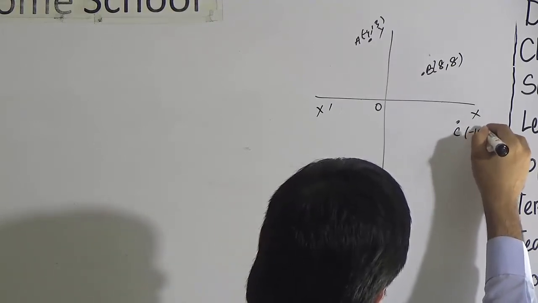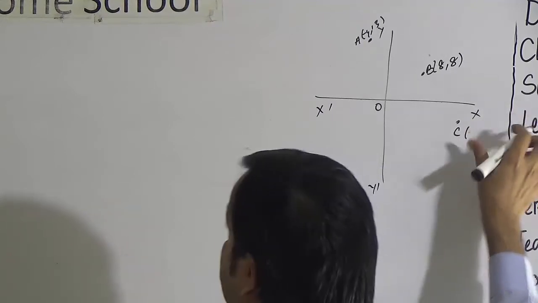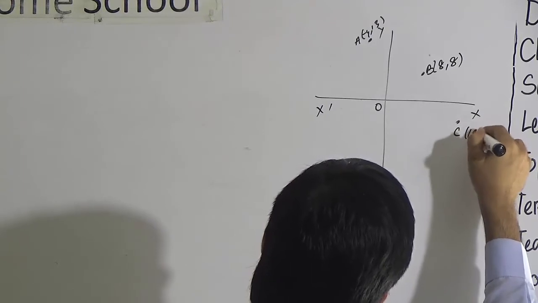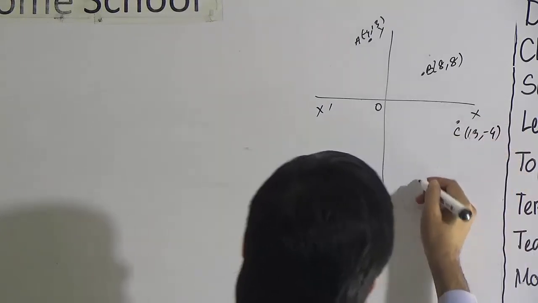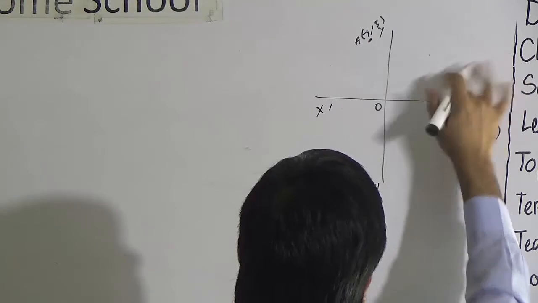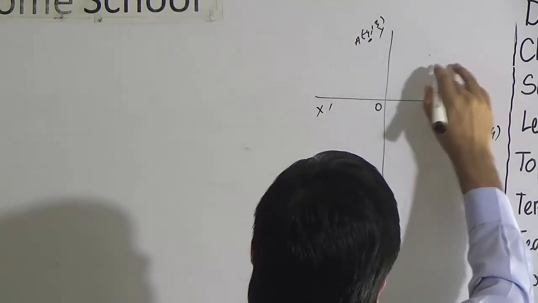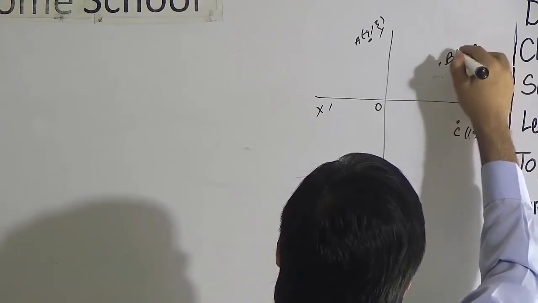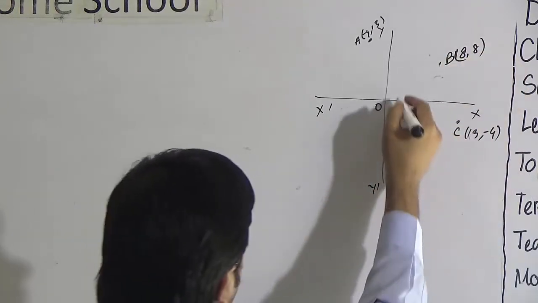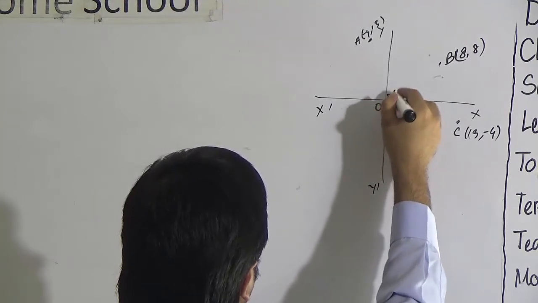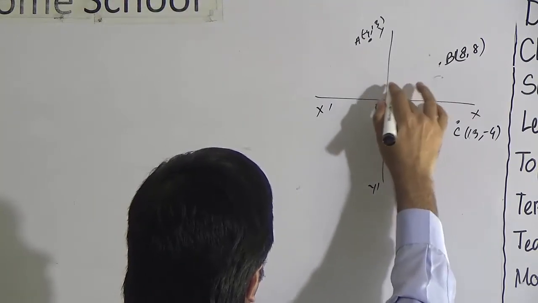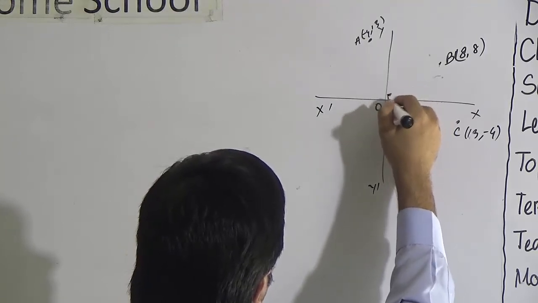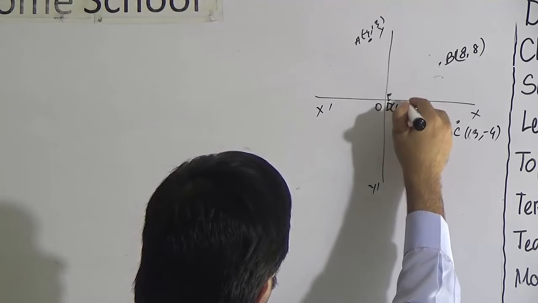Now point C, where is point C? Point C is... sorry, this is not minus 13, 4, that is 13, minus 4. This is C(13, -4). And now point D is 1, 1, so this point will be D(1, 1).